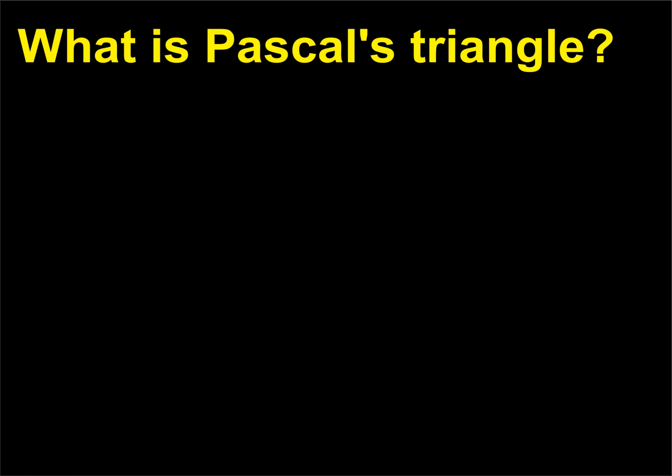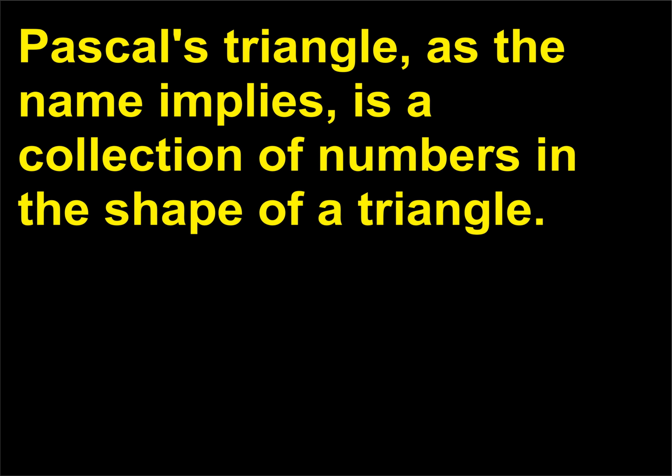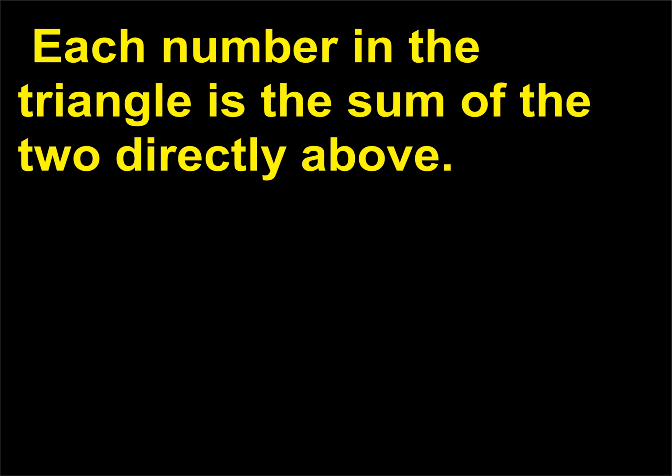What is Pascal's triangle? Pascal's triangle, as the name implies, is a collection of numbers in the shape of a triangle. Each number in the triangle is the sum of the two directly above.